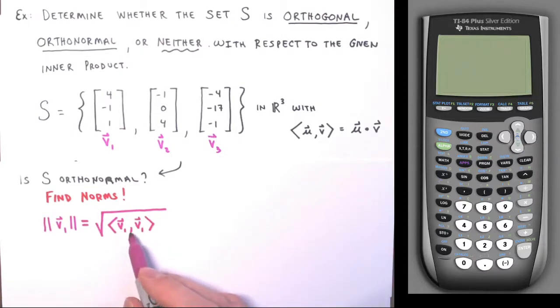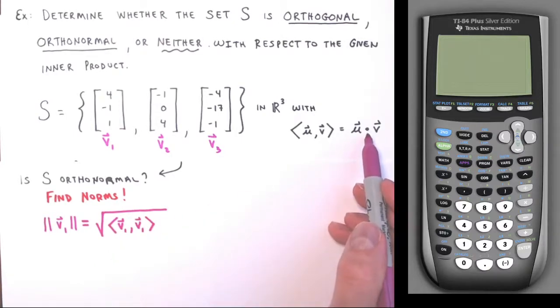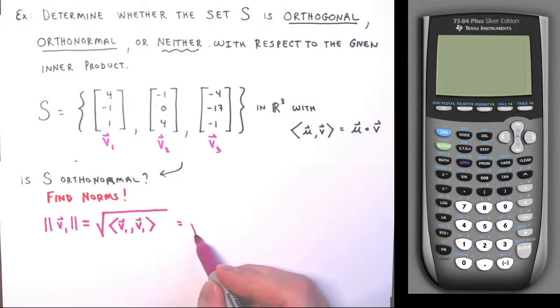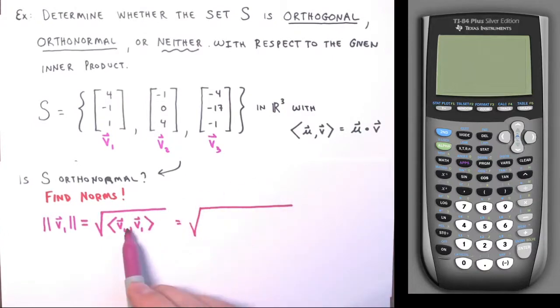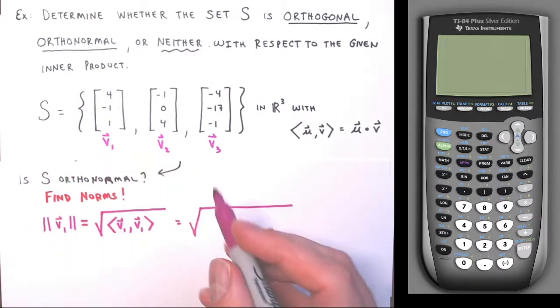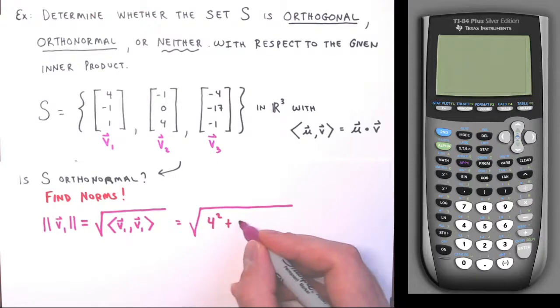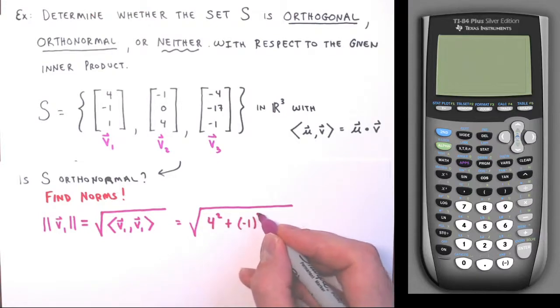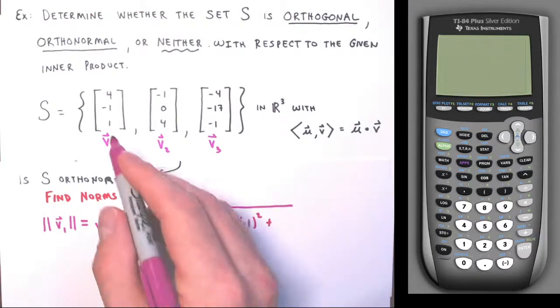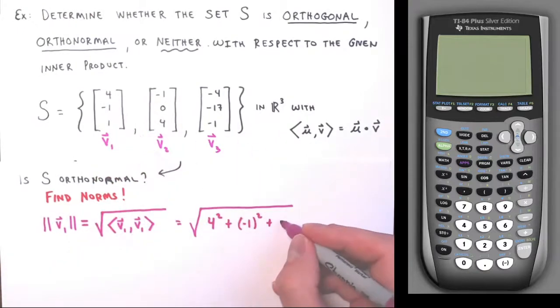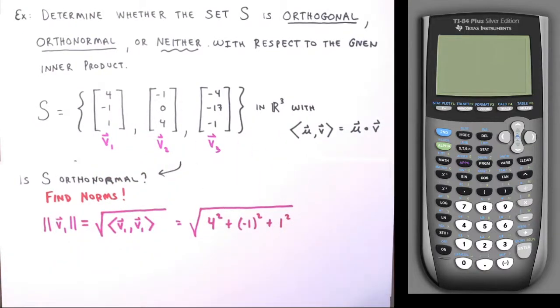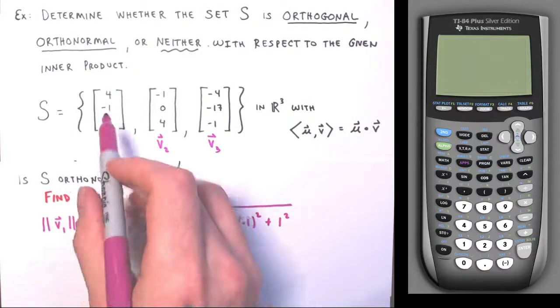But here the inner product is the dot product, so I'm taking the square root of the dot product of v1 with itself. So that'd be the square root of 4 squared plus negative 1 squared plus 1 squared, just squaring the components.